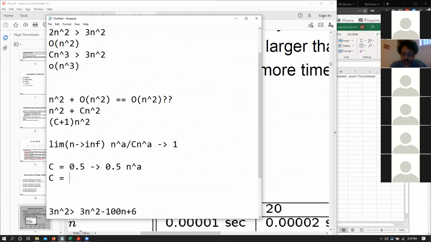And if c equals, let's say 5, then 5 times n to the power of a is going to go much faster than this thing. So that means there are some constants that I can multiply that can make my bounds, either upper bound or lower bound, surpass that bound. So little o does not allow that.